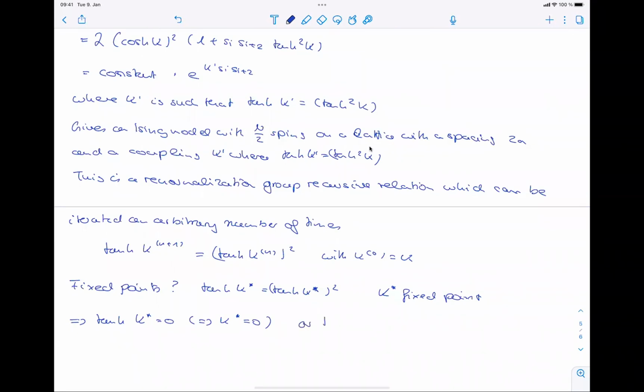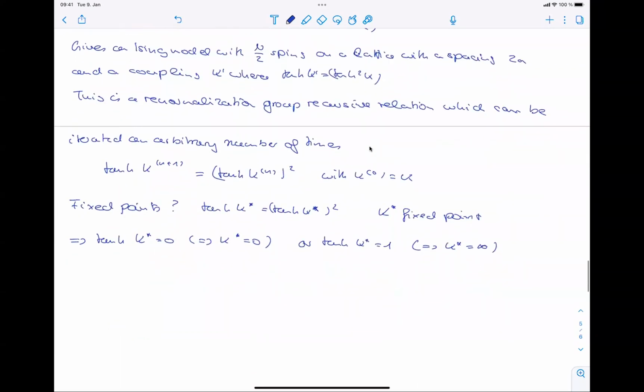Or we have tanh k star equal to 1, because then we have 1 and 1 squared equal to 1 on both sides, and that corresponds to k being at infinity. Okay, so now we have the fixed points, and we have two. We only expect one critical point, right?